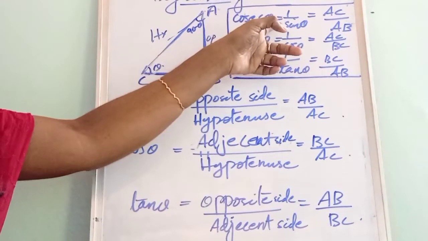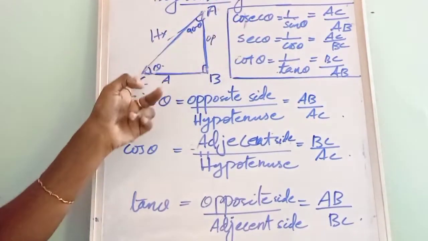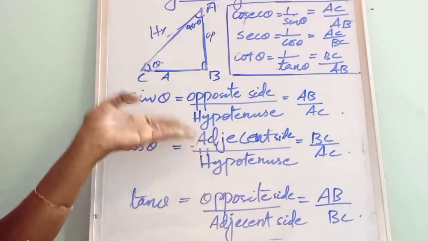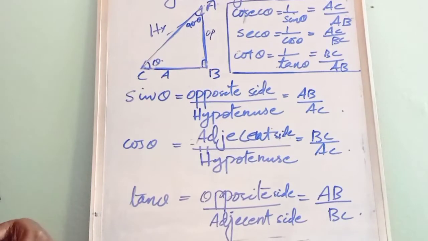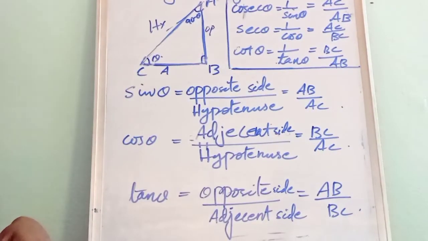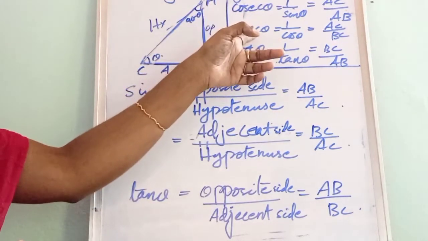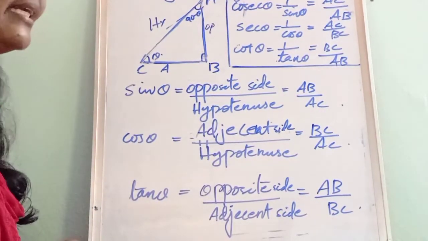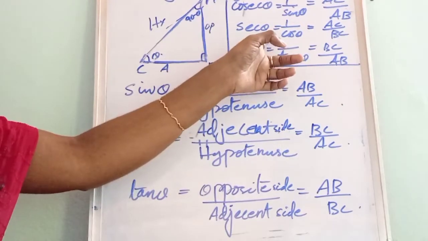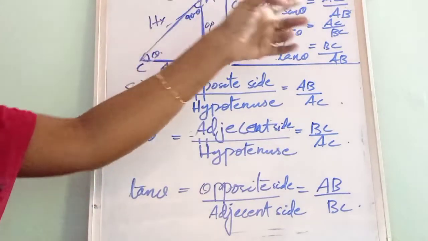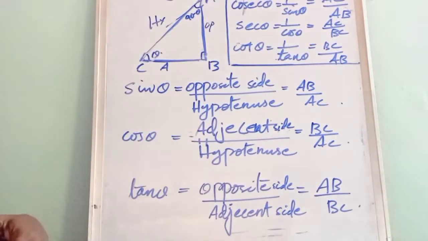That is equal to AC divided by AB, hypotenuse divided by opposite side. Then the reciprocal of cos theta, that is 1 by cos theta, is called sec theta, which is equal to AC divided by BC, that is hypotenuse divided by adjacent side.